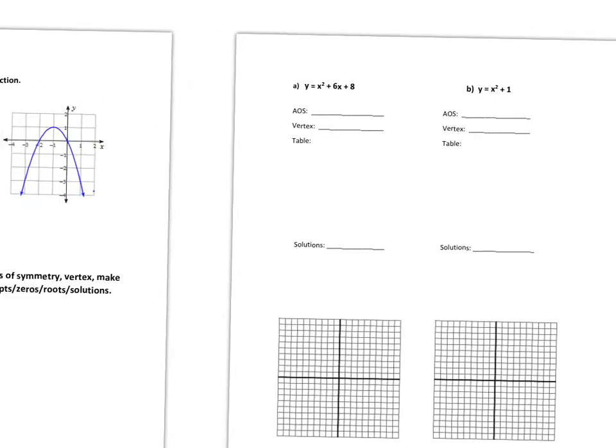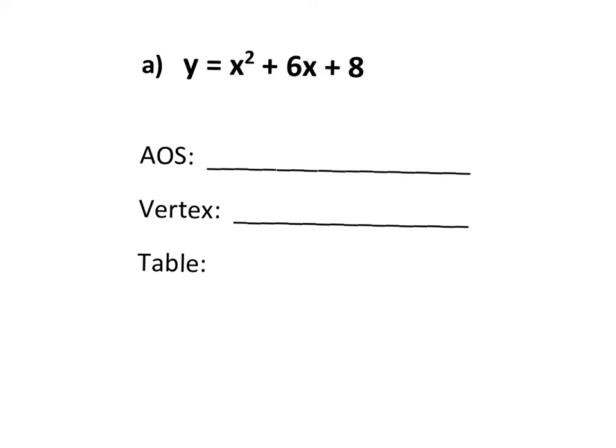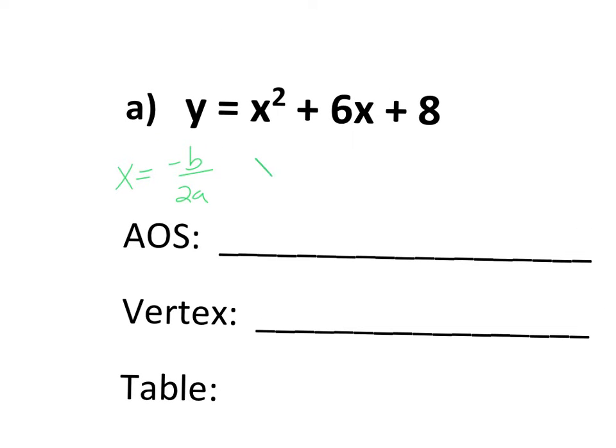It'll be this guy right here. So my AOS, or my axis of symmetry: again, you're going to use the formula x equals negative b over 2a. In this case, x equals negative b, which would be negative 6, over 2 times 1. Now negative 6 divided by 2 is negative 3. So our axis of symmetry is going to be x equals negative 3.